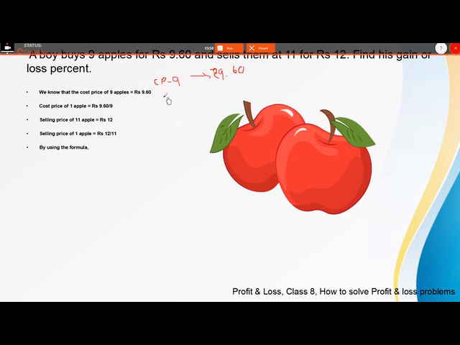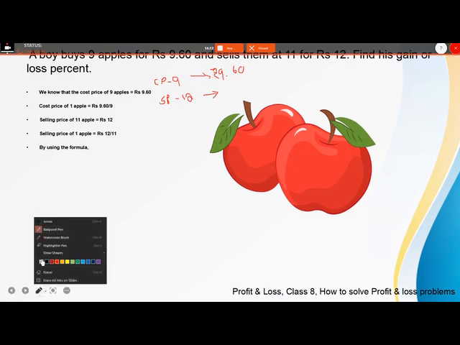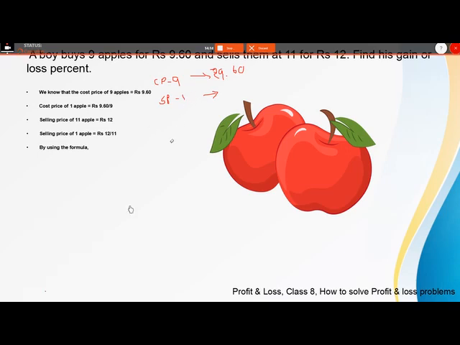And he sells. So what is the SP? So SP is 12 is for, sorry, 11. It is 11. So 11 is for 12 rupees.